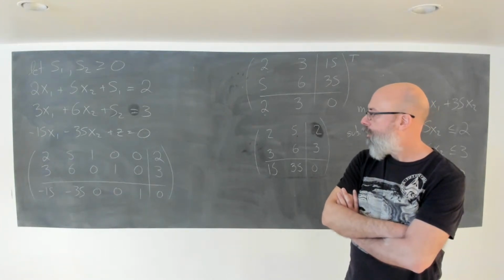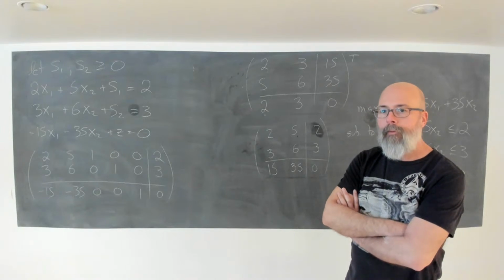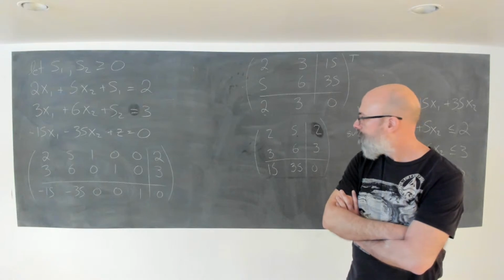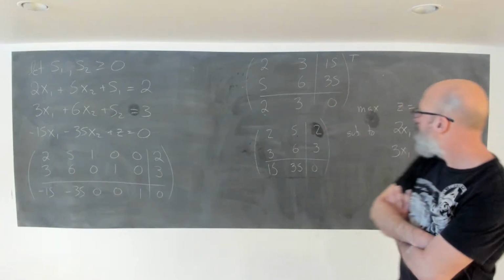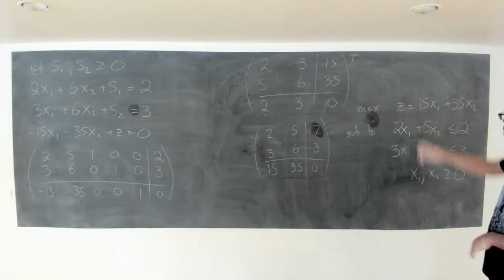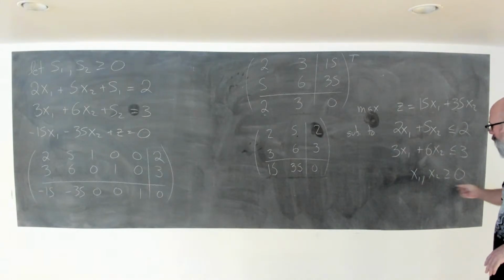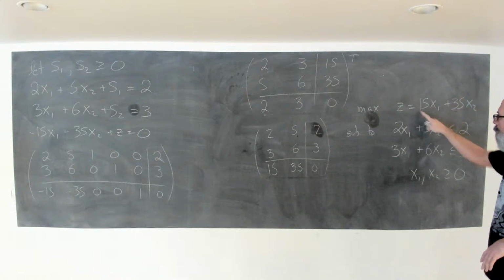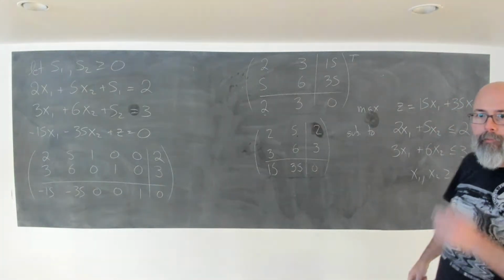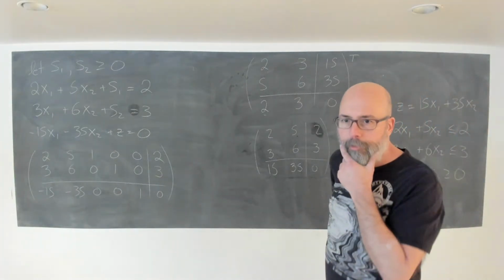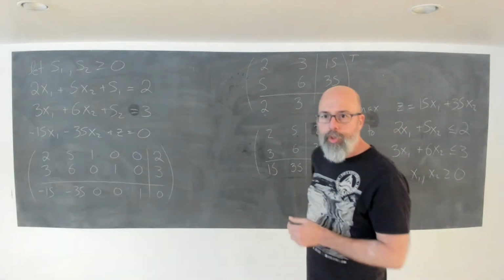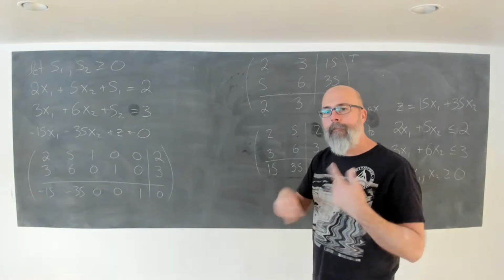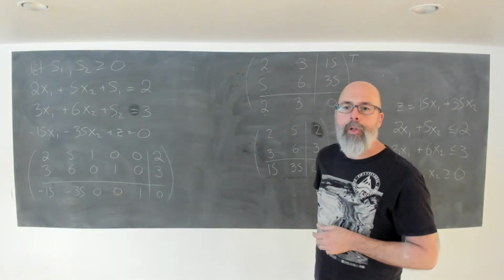No. I mean, right, we are assuming x1 and x2 are bigger than or equal to 0. So this combination here will not be negative. Do we forget about the w? We don't. Well, let's do this and we'll see the relationship.